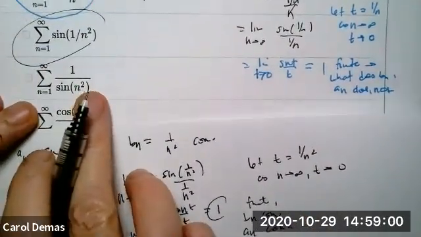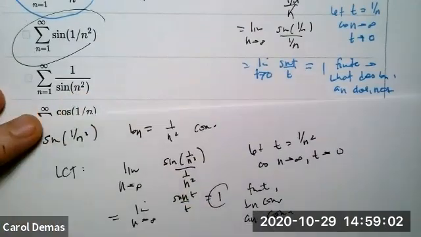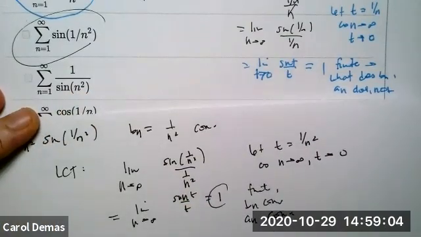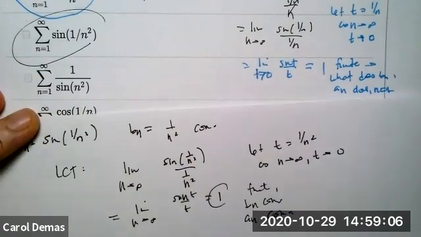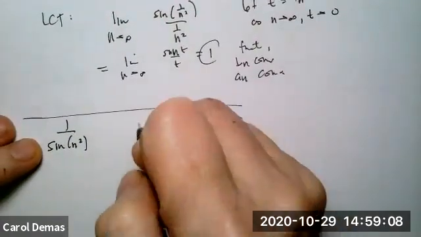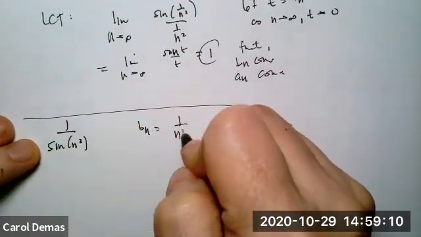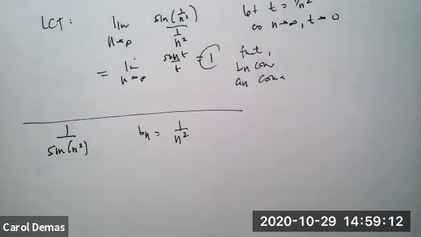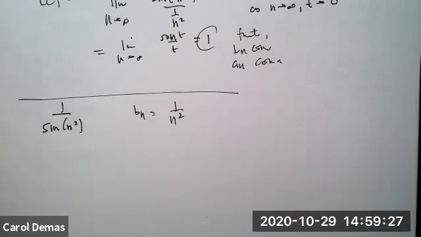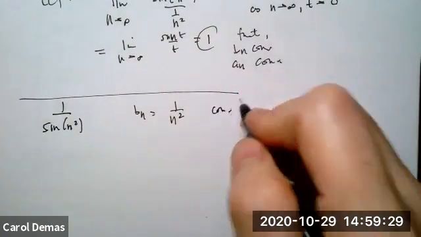Okay, what about this one? 1 over sine of n squared. What are we going to pick for bn? Okay, and this one converges.